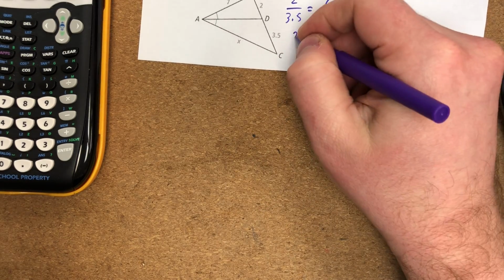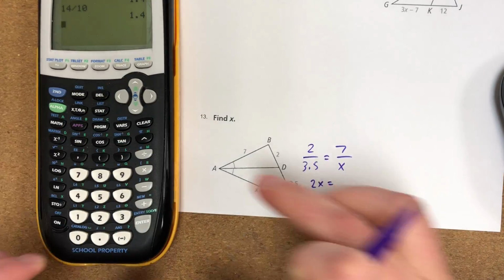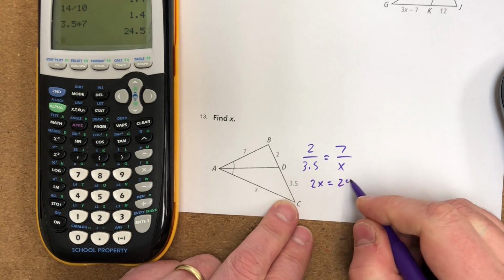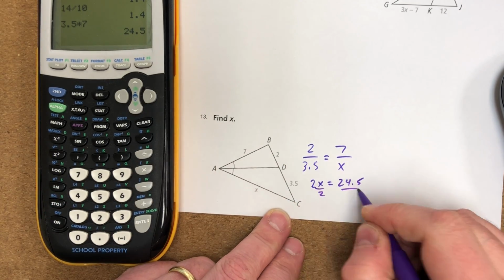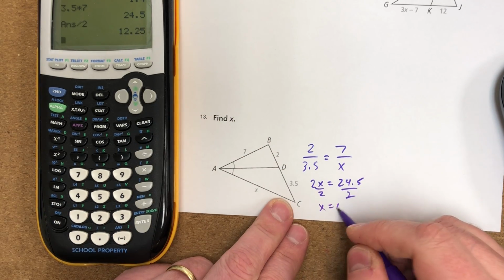So 2 times X is 2X, and 3.5 times 7 is some decimal, 24.5. And we'll just divide both sides by 2, and we'll get X is equal to 12.25.